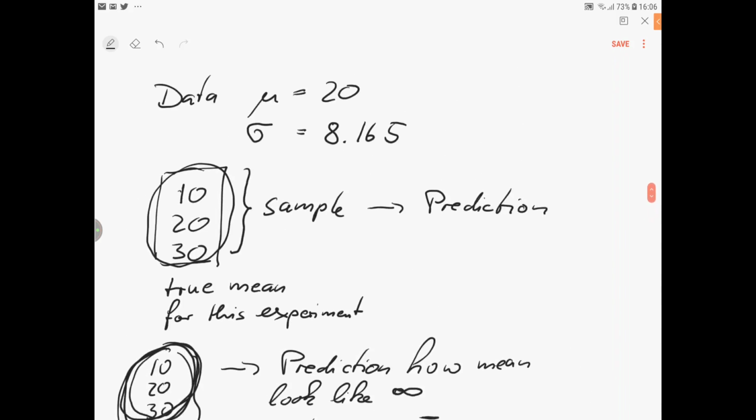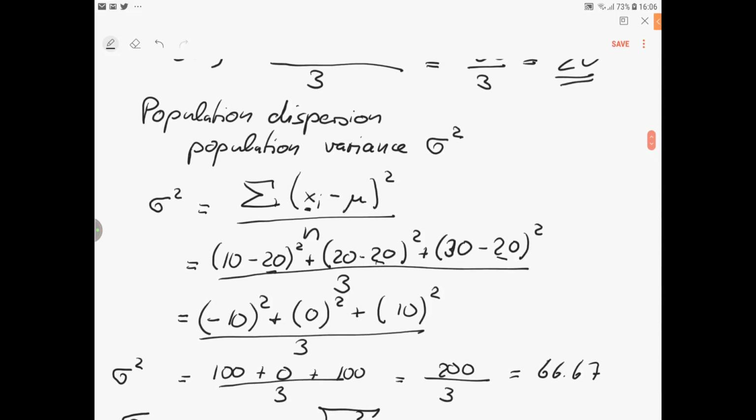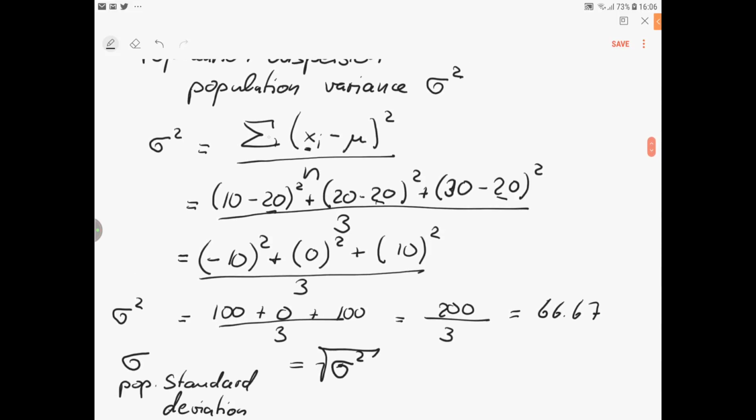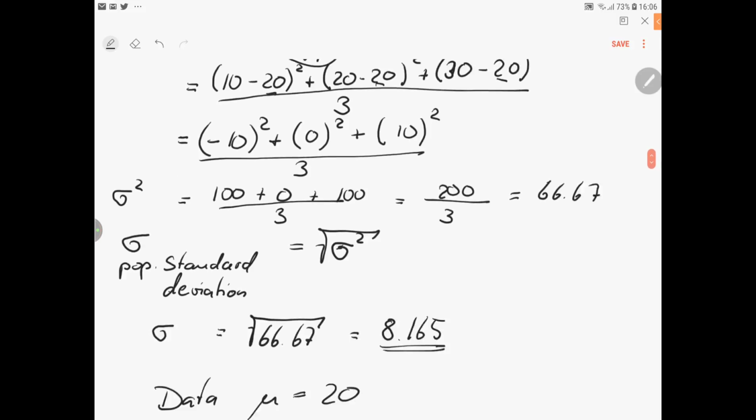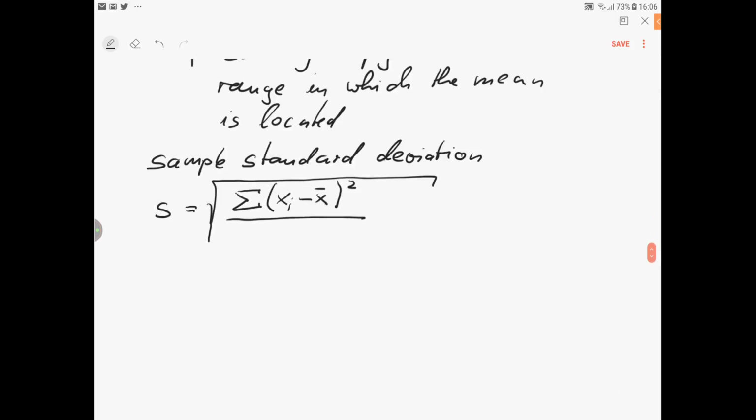When we said for our variance we use n, we divide by n. When we deal with a sample, we divide by n minus 1.